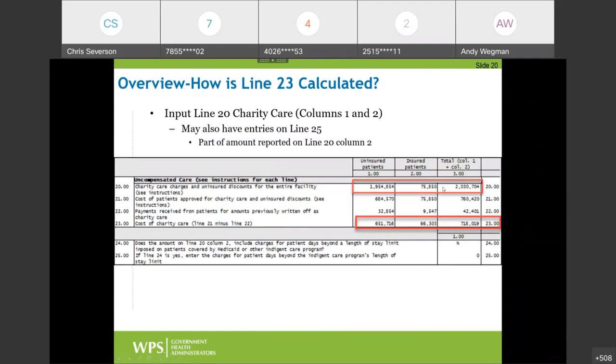It also has to be in column 2, line 20. But the fact that it's in line 25 allows us to know how much of this total amount is length of stay. If it's other exhausted benefits, it just gets split between the two. So again, it's messy, I don't know why they built it that way, but that's what we have to deal with for right now.